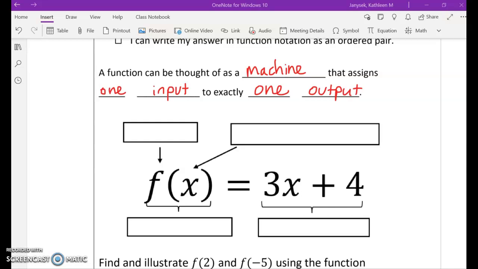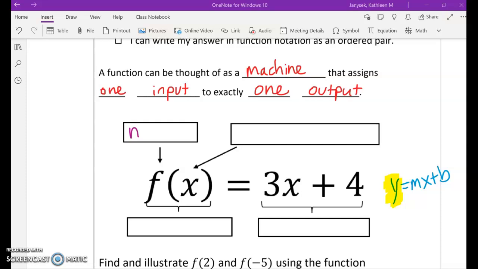You guys are probably used to seeing it look a little bit more like y equals mx plus b. But instead of the y, we have an f with parentheses and an x at the beginning. So let's talk about what that means. Okay, the f itself is kind of like the name of the function.